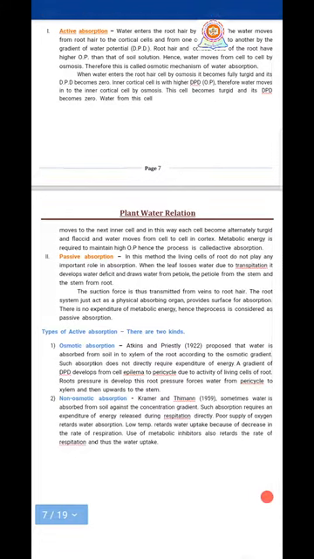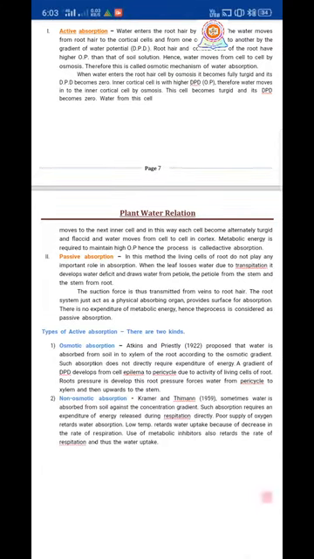Next is the passive absorption. In this method, the living cells of the root do not play any important role in absorption. When the leaf loses water due to transpiration, it develops a water deficit and draws water from the petiole, from the stem, and the stem from the root.